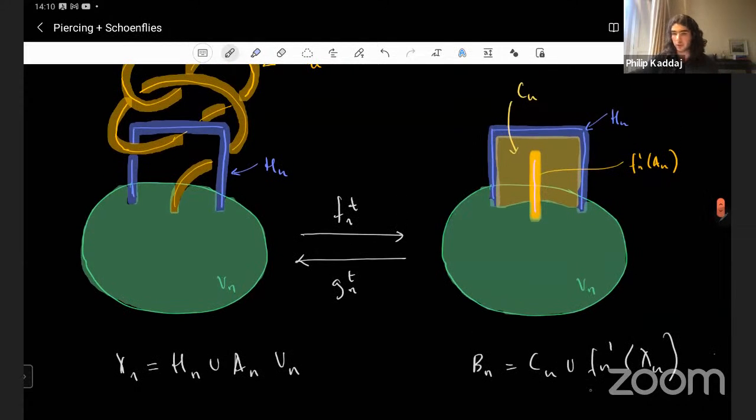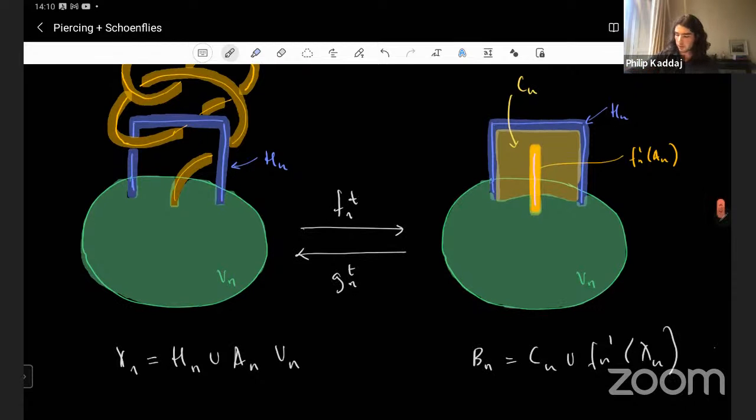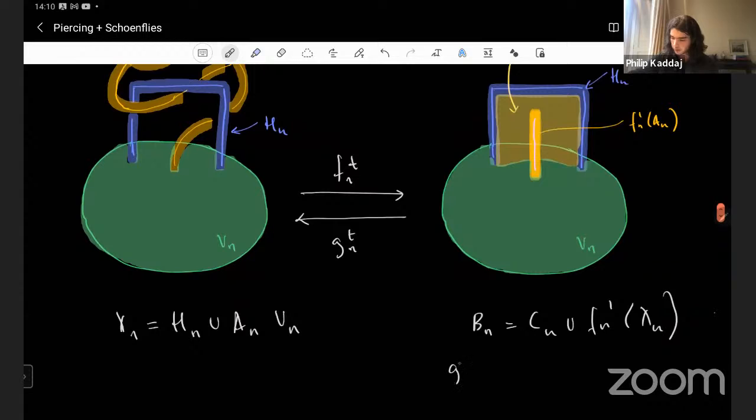And this is the endpoint of the isotopy. And so this is a ball. Basically the cellular balls which we'll be considering will be these. So we take them back.